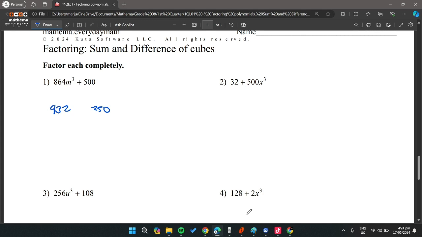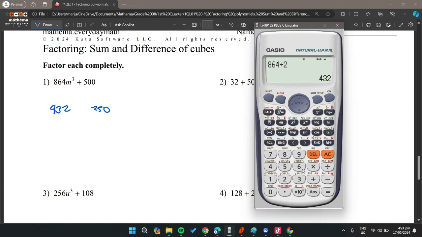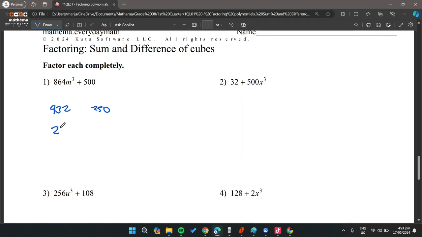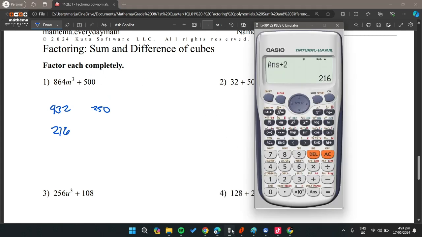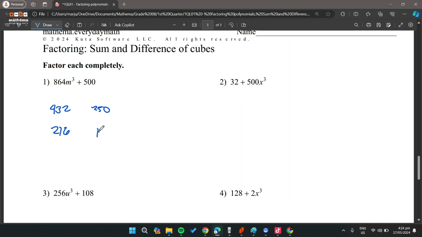So, we will do 432 divided by 2. We will now have 216. And then 250 divided by 2, that is just 125, right? That's 125. Alright, that's 125.